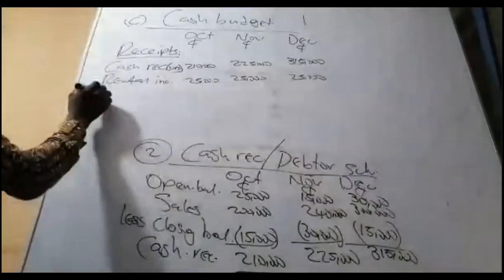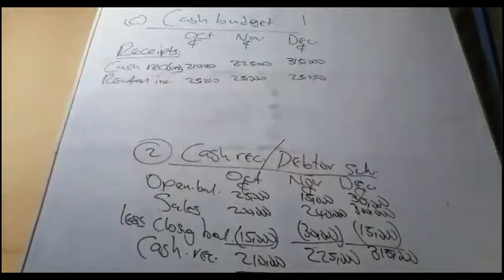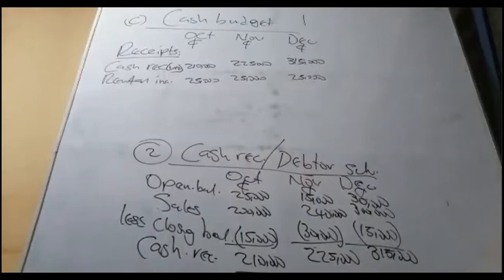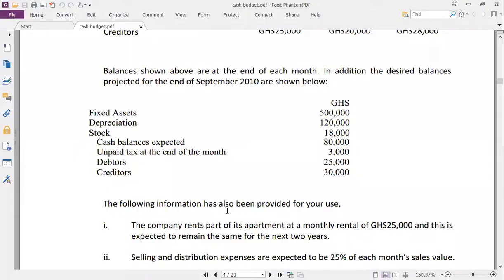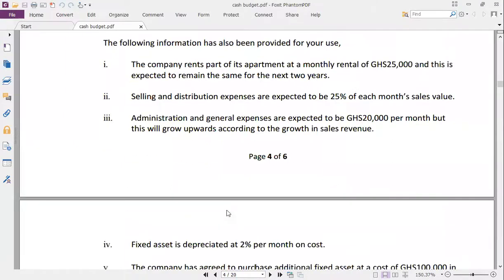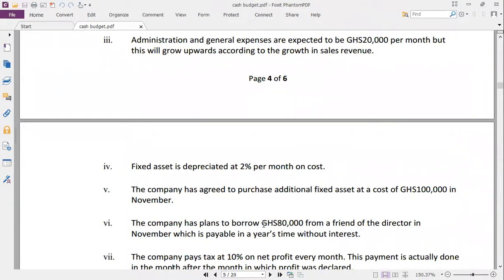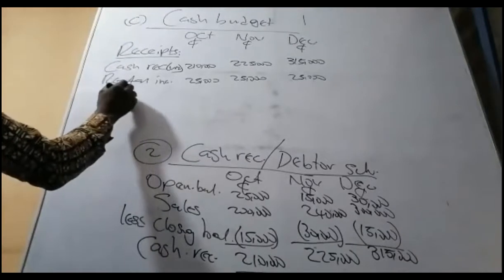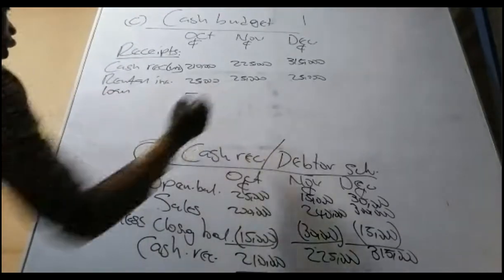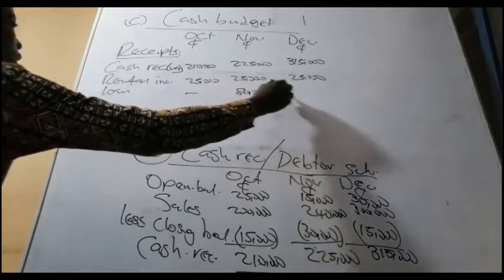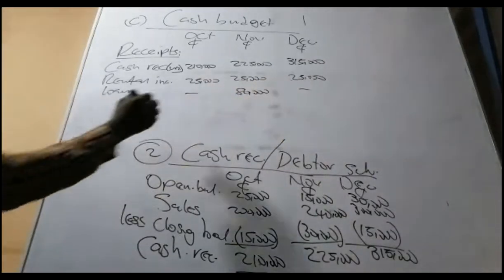Finally, they received a loan of 80,000, and that loan too must be part of the receipt. Which note states that? That's note 6, loan of 80,000. So include it here, loan, cash, in November, right? So 80,000 in cash. You are done with the receipts.